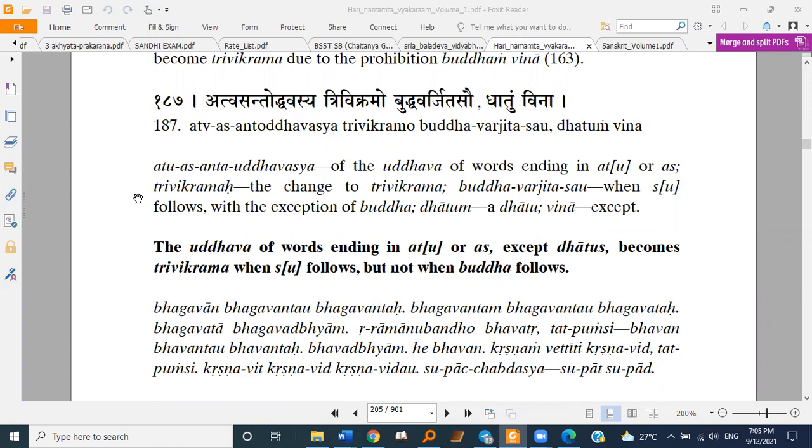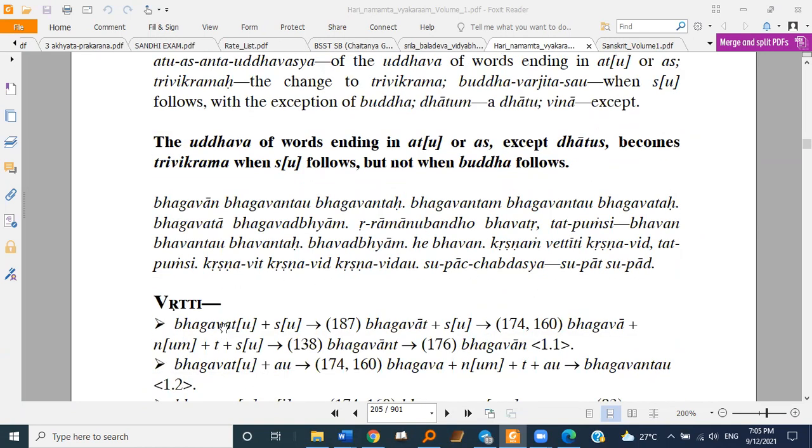Now, any word which has atu or us at its end, for example, Bhagavatu. If you see Bhagavatu, it has atu at the end, right? So when such words are there, then the Uddhava of that particular word, what is Uddhava? Antya Sarveshwara Uddhava Sangha.